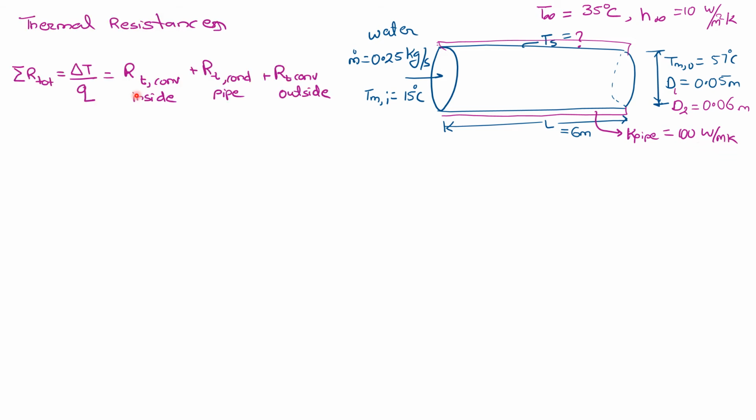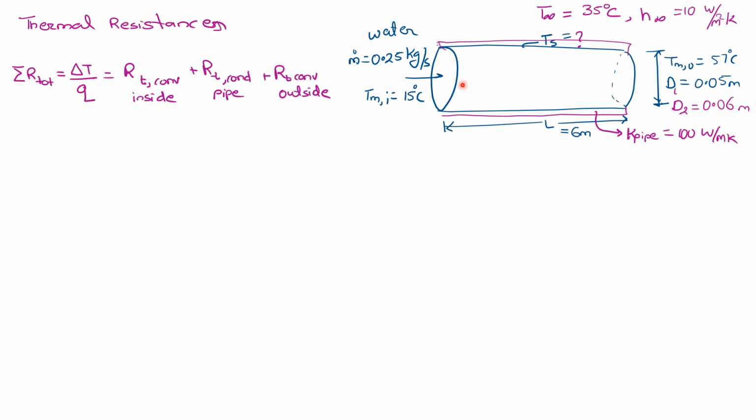So what we do is we'll calculate the total thermal resistance, which will be a combination of the convective resistance inside, the thermal resistance due to conduction of the pipe. We assume that there is no contact resistance, so we ignore that. And the third is the convective resistance outside the pipe. So our total resistance will be the addition of these three resistances because they are in series. We've already solved such problems in chapter 3.